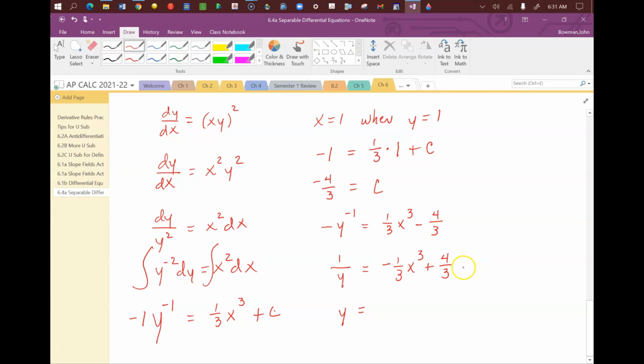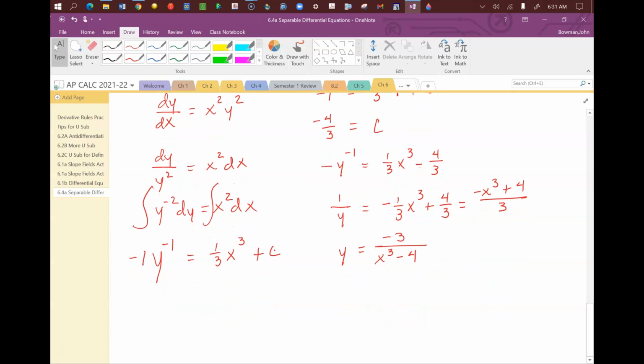Well, to make that easier, I might write that as the following before I take the reciprocal. The opposite of x cubed plus 4 over 3 because we have a common denominator. So we're going to take the reciprocal of that to solve for y. So we have negative 3, if we want to put that in the numerator, over x cubed minus 4.